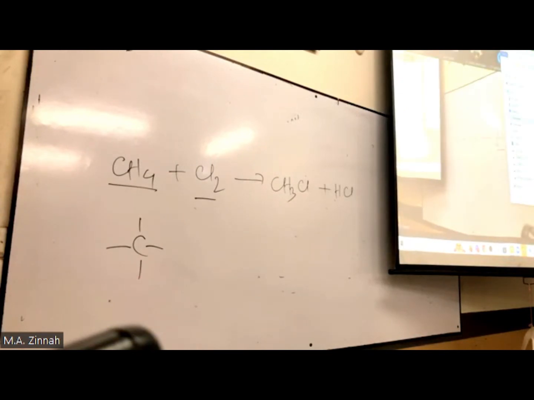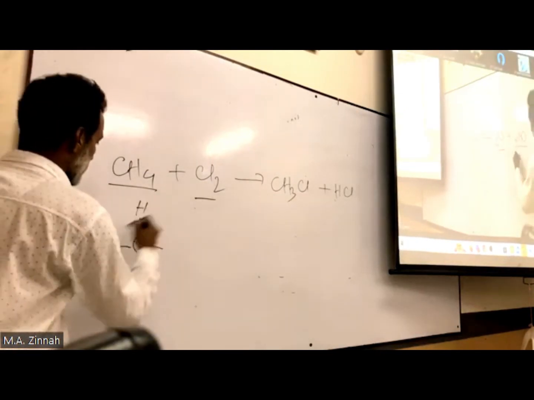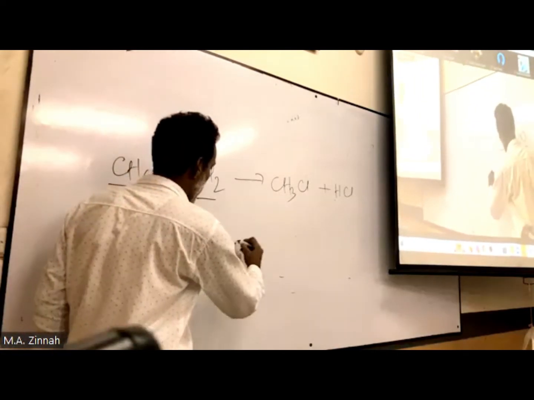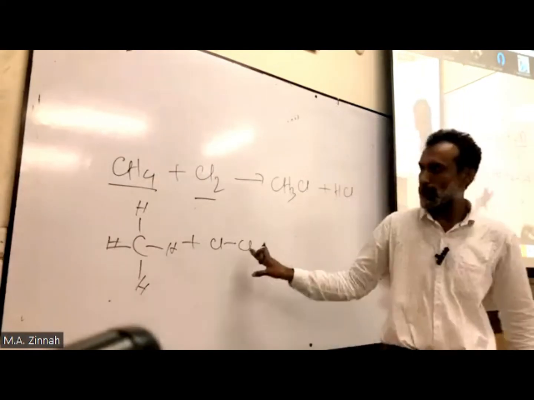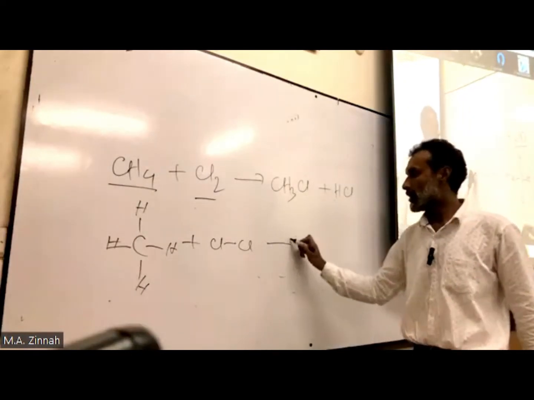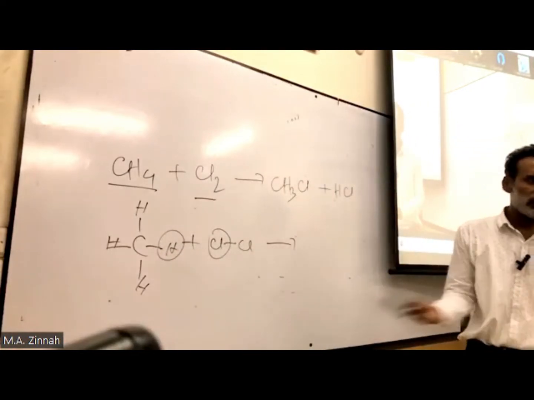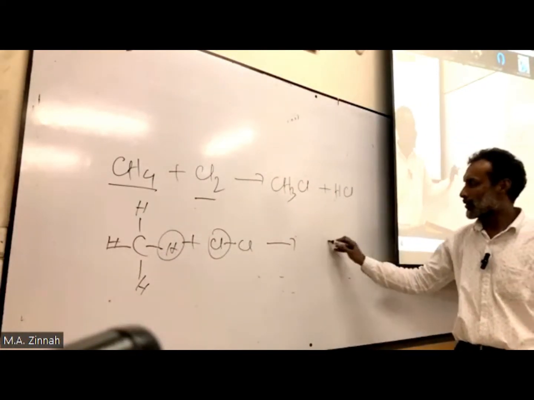Look again, here are 4 hydrogen atoms. Okay? I write 4. And this is reacting with chlorine. Chlorine means 2 chlorine atoms. This is displayed. Everybody clear? And one of them will displace one of the hydrogen atoms. Very simple equation. And write the product.